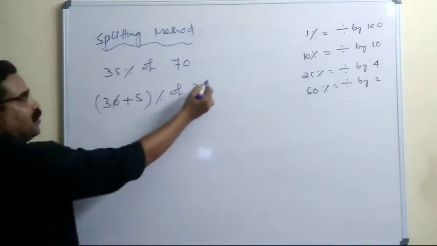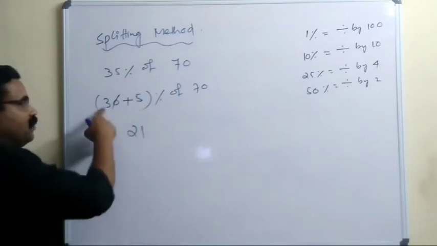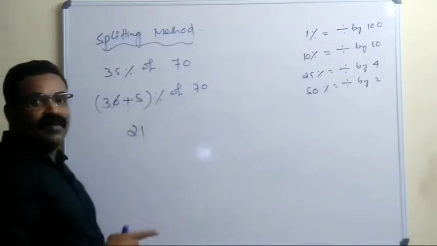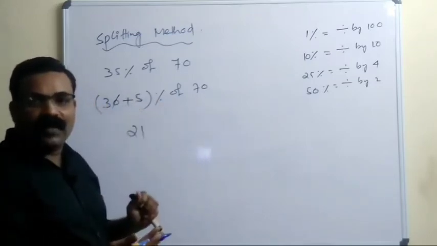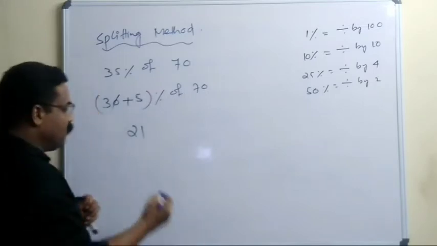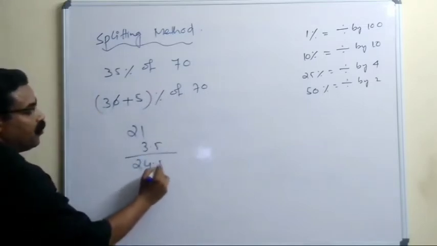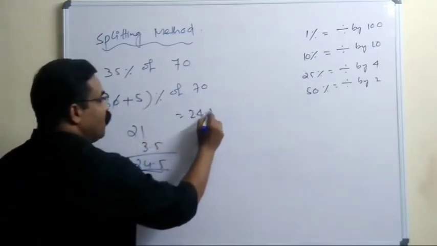Cut this 0, and 3 7s are 21. So 30 percentage of 70 you got 21, and 10 percentage of 70 will be what? 7. So what will be 5 percentage? Half of 7. What is half of 7? 3.5. So add that 3.5 here. So you will get 24.5. So 35 percentage of 70 is equal to 24.5.